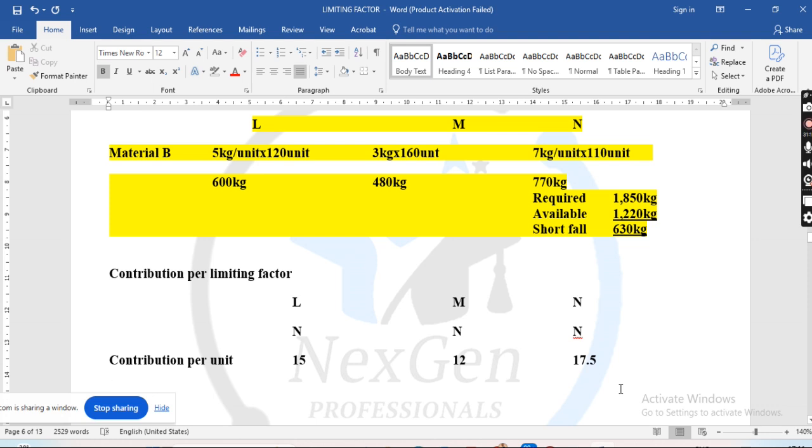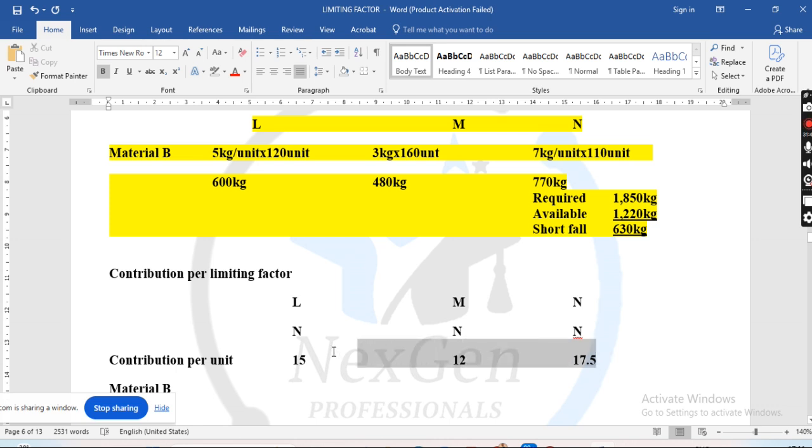So next is contribution per limiting factor. Which one of these is a limiting factor? Material B, right? Yes, sir. So you bring it out and say material B is a limiting factor. Then you put the kg per unit, because you want to determine contribution per limiting factor.